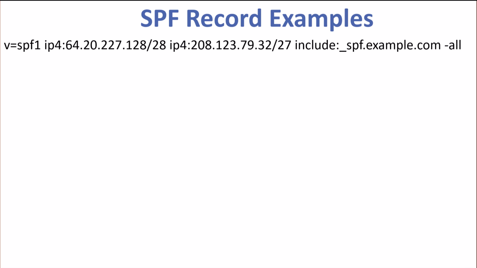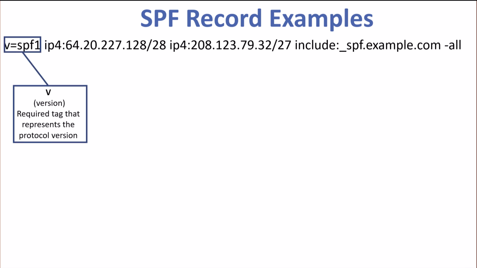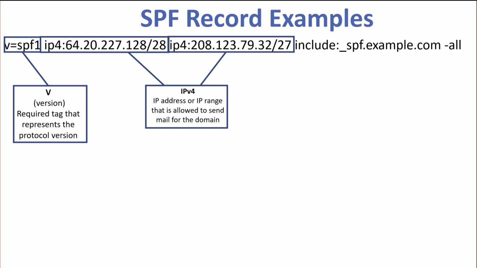Here's an example of an SPF record. This is what you would publish to DNS. Every SPF record has the v= tag, which is basically version. It represents the SPF protocol version. In most cases, it will almost always say v=spf1. Then we include the IP address, or IP addresses, or IP address ranges that are allowed to send mail on behalf of your domain.